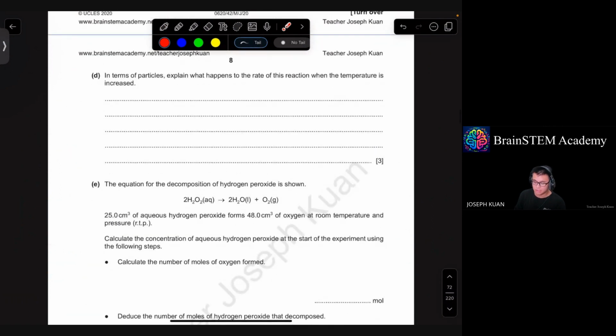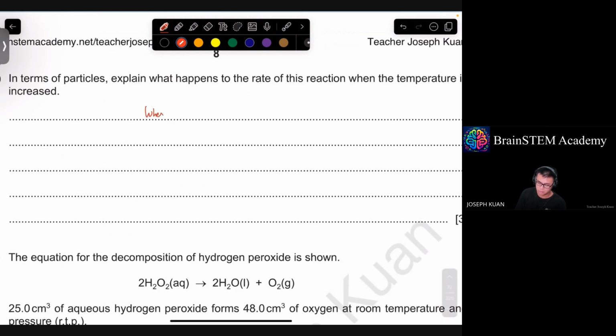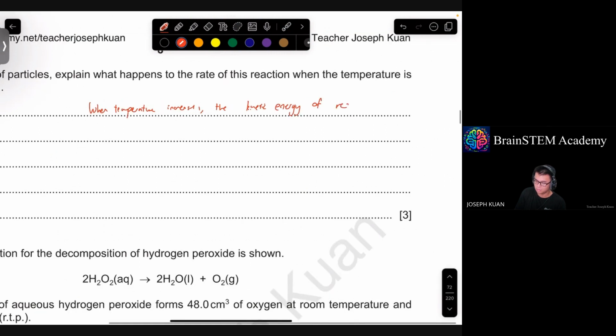Right, next question. In terms of particles, explain what happens to the rate of this reaction when the temperature is increased. Well, when temperature increases, the kinetic energy of particles increases, which makes them move faster.